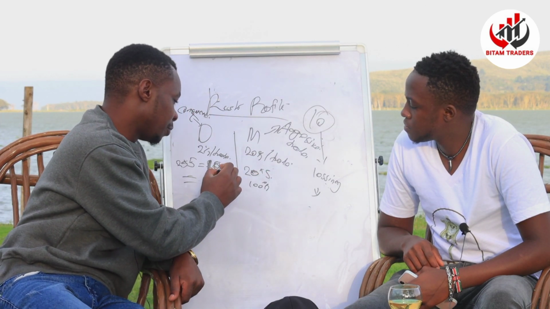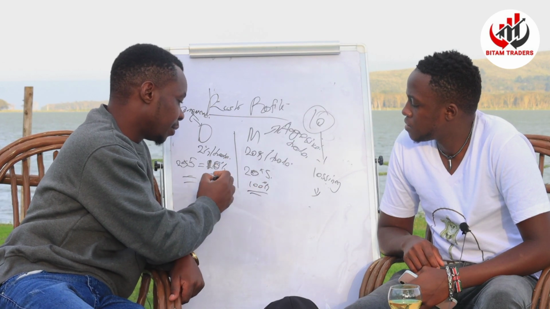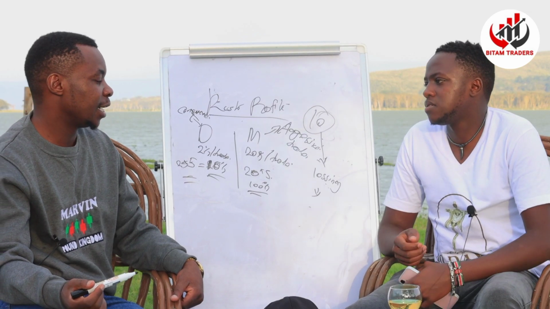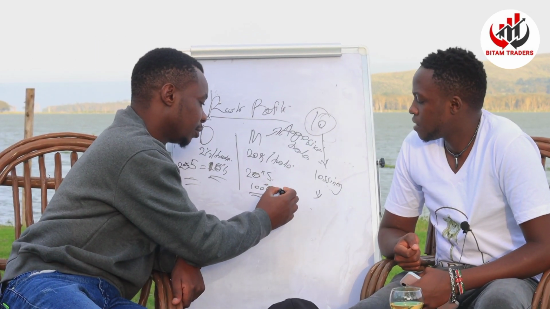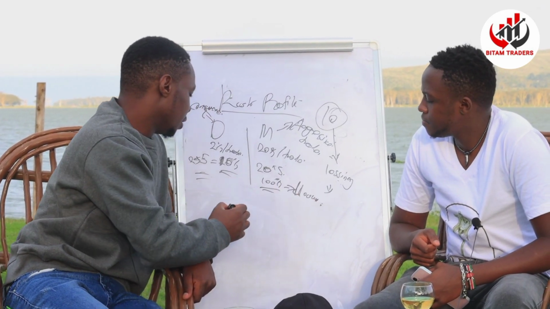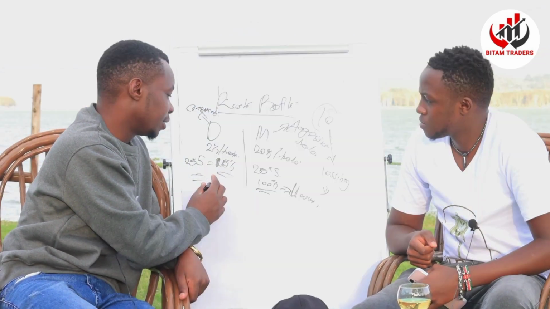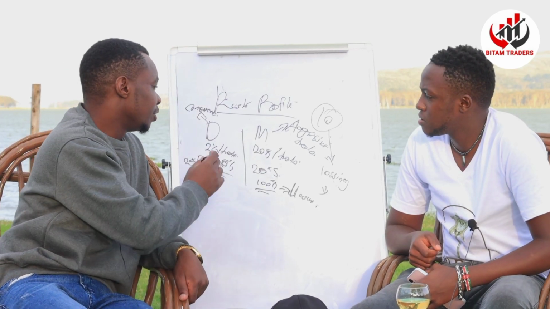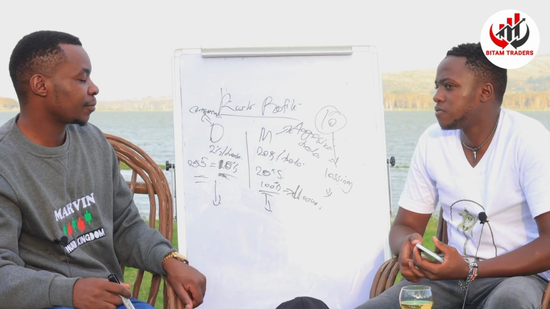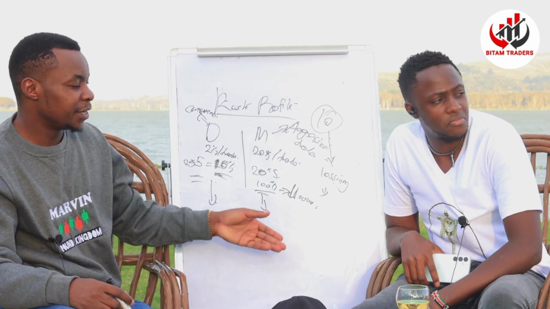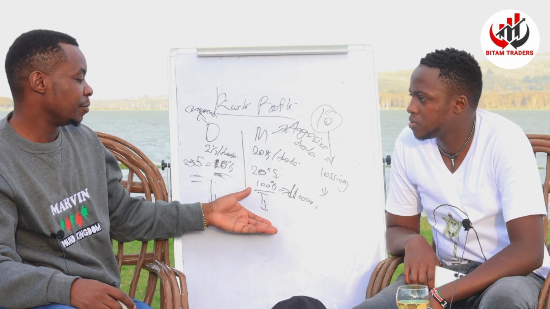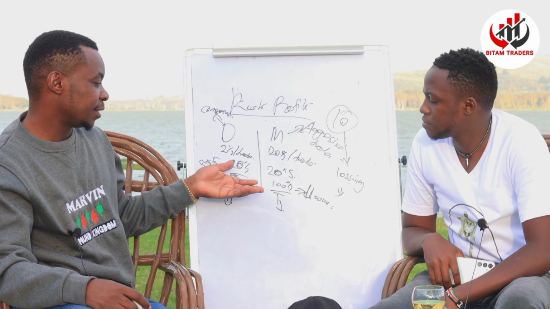So this person has lost 10%, this person has lost 100%. Already in the 5 losing trades, account blown. Then on this side, lost only 10%. So it means that Don is still in the game. Mwanahabari lost the account. Exactly. So probably this guy is going to lose focus and even give up on Forex. But this person only lost 10%.